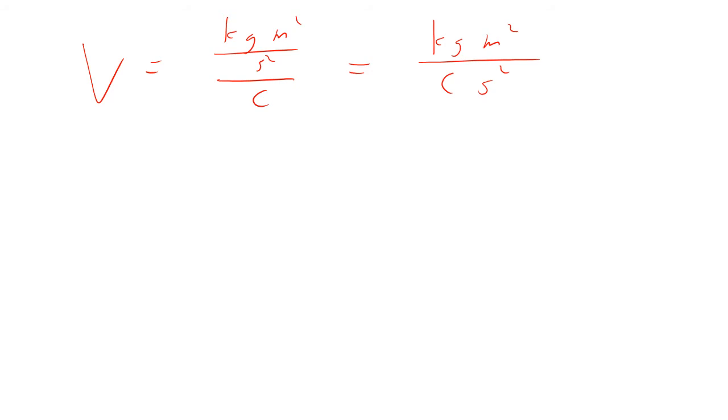It gets even more awkward because it turns out in the SI units, instead of defining charge, the SI unit is a coulomb per second, which is an amp. So that means this is going to be a coulomb meter squared second per amp second cubed, or kilogram meter squared per amp second cubed. And so that is a volt.